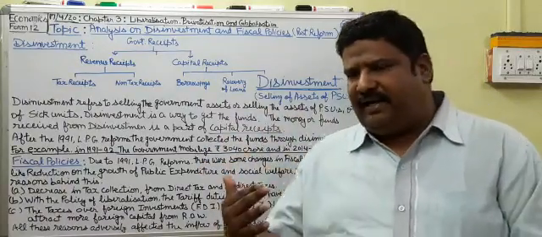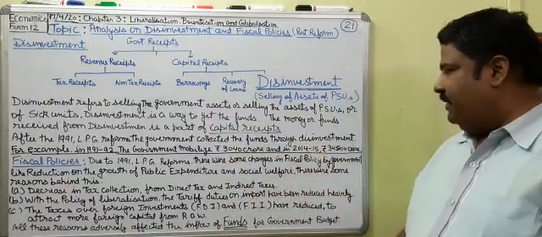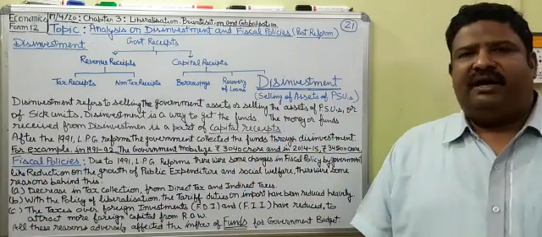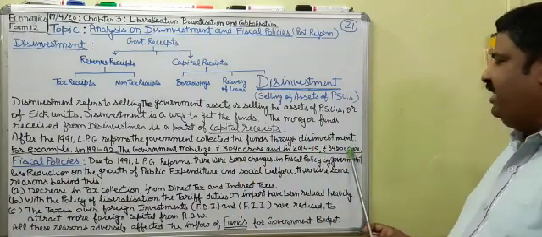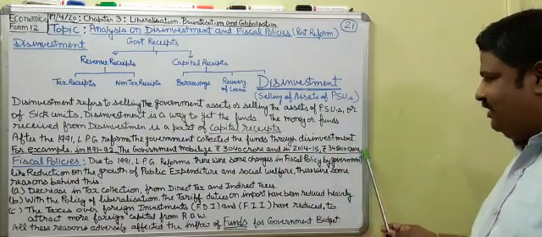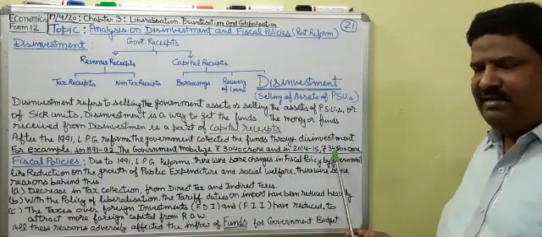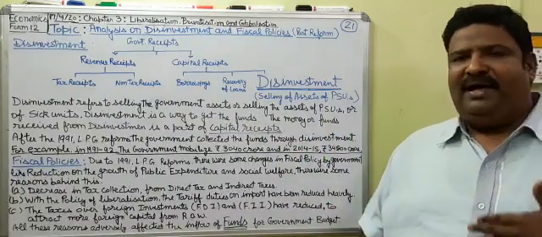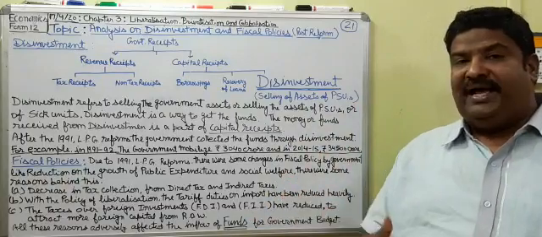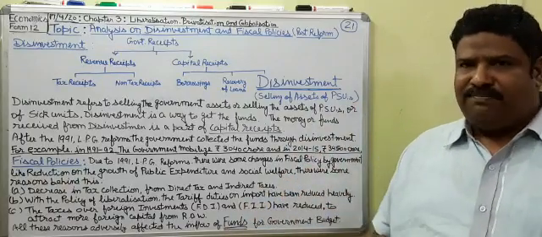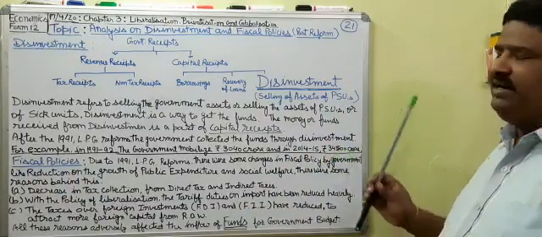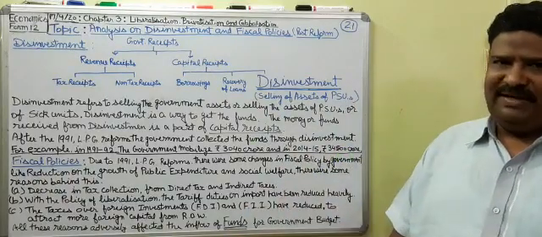And till the data we have in our book, in 2014-15, the government raised 34,500 crores through disinvestment. Although this was below the government's expectation, because the government was expecting to mobilize 56,000 crores, but could mobilize only 34,500 crores.